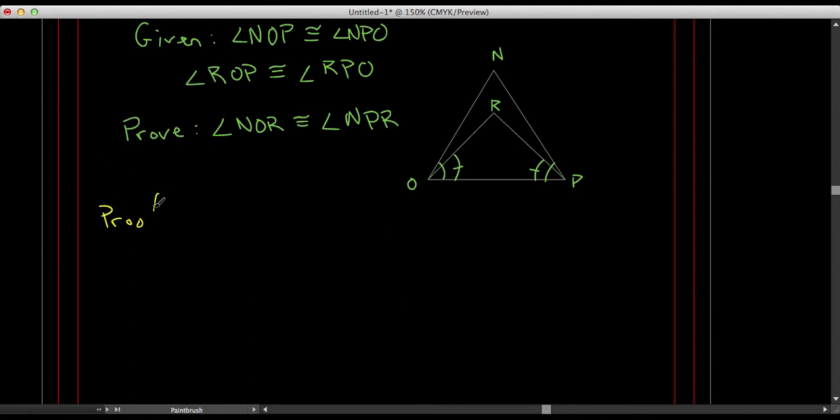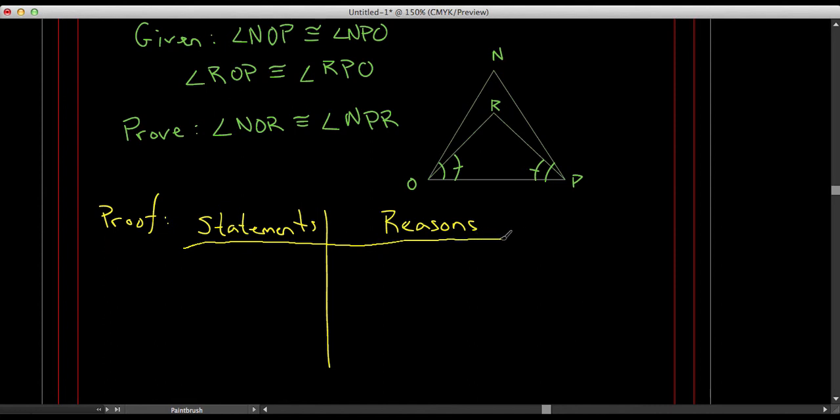So just going to put proof here, and then we're going to write our statements. And our reasons. Okay, this is how we start our proofs. Okay, so first thing that we want to write in our statements is we want to put down our given information.